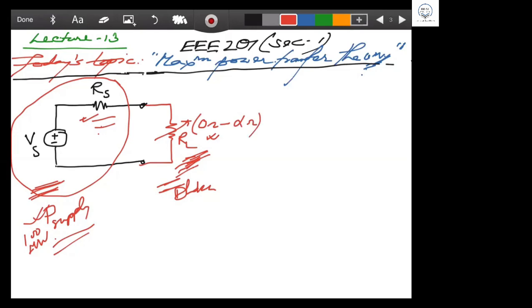You will get different output power at the output. So at what resistance value are we getting the maximum power? That is what we'll see. Are all of you thinking, sir, if we put infinity ohm, then we can get maximum power at the output terminal?